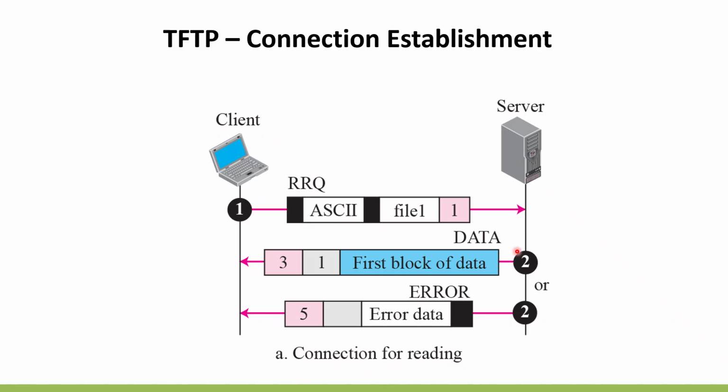The server then responds by sending the first block of data back to the client. Each block is acknowledged to ensure reliable delivery. If there is an issue in transmission, the server can alternatively send an error packet indicating the problem.